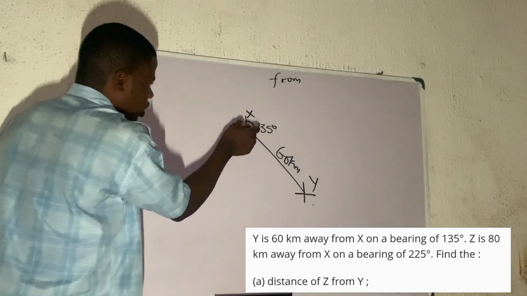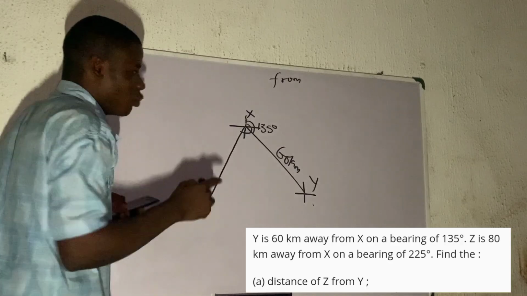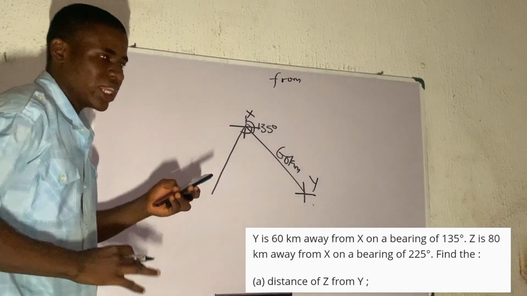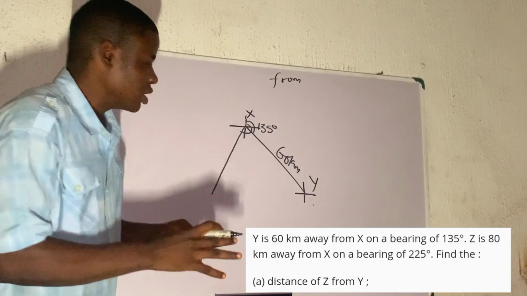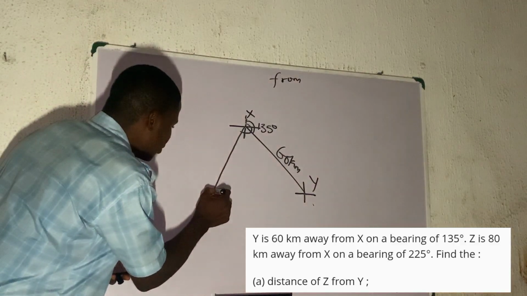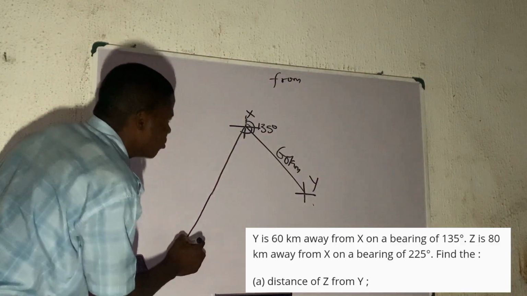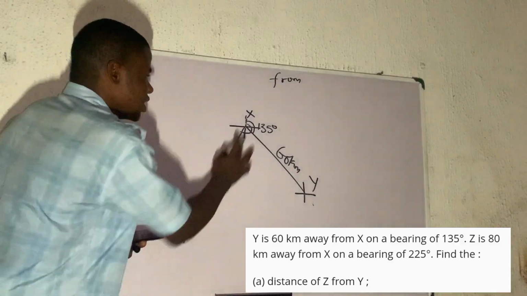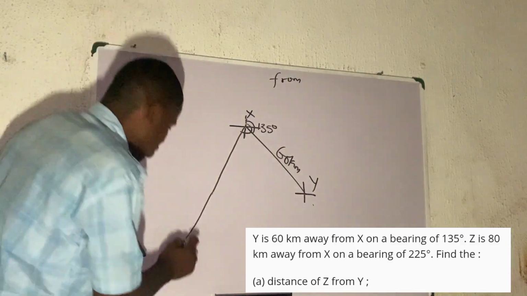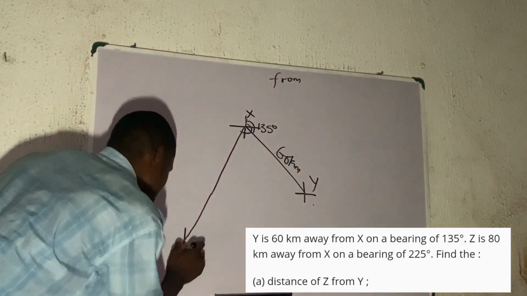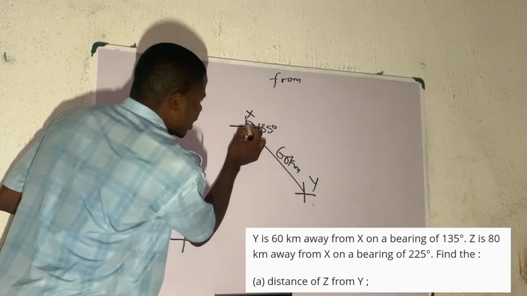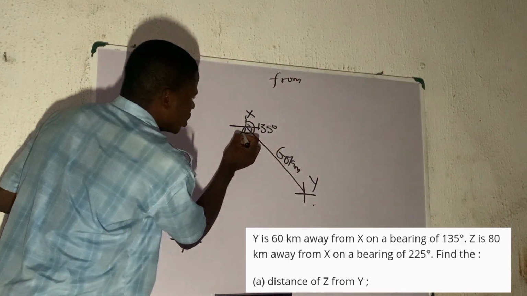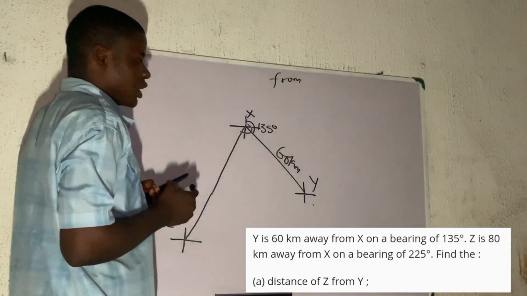So if you draw this thing down, you have to see, and if you watch the distances, they say that Y is 60 kilometers and Z is 80 kilometers away from X. It means that Z will be very down, will be longer. That's the distance between X and Z is longer than the distance between X and Y. So here, let's assume that Z is somewhere here. Does it make sense? Do you understand? And they say that from here to here, take note, is 225 degrees.